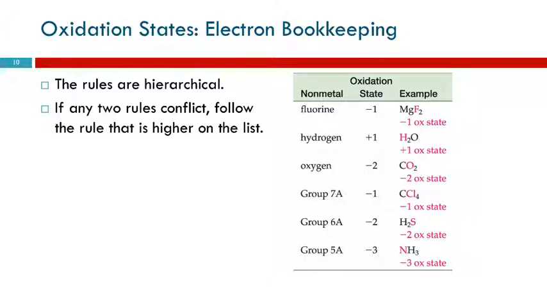So this is the part that you really have to do a little work to remember. So this is how I think of it. This table is for assigning oxidation states for nonmetals in molecular compounds.